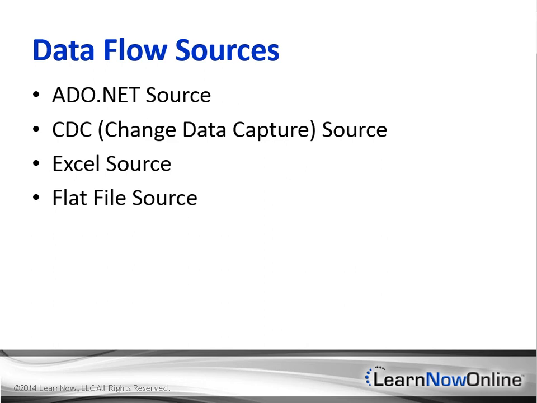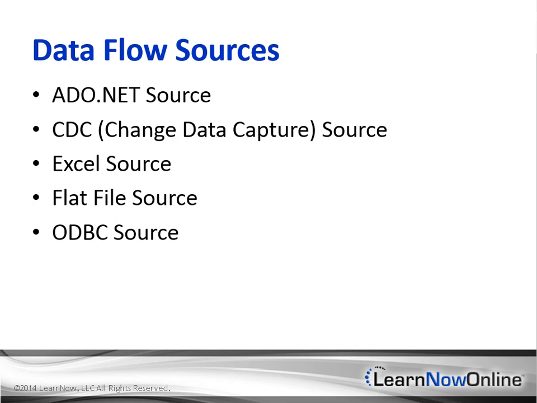Flat file source is a text file, comma separated file, or other type of file based in plain or delimited text. It's a lot of flexibility in how those are formatted. Then there's an ODBC source. This reads data from a data store that uses the ODBC API, kind of an older API. Generally, you should use the OLEDB data source for data stores that have it available, because it performs better, it's more feature-rich, and so forth.